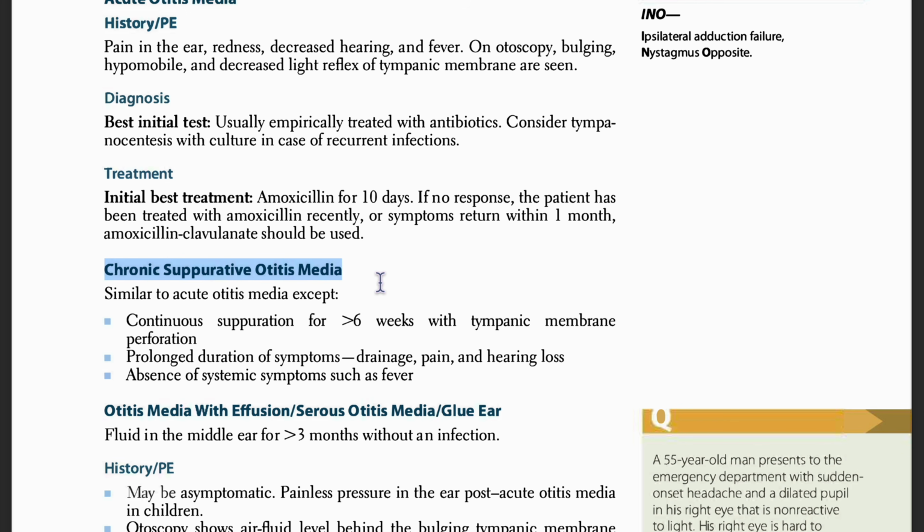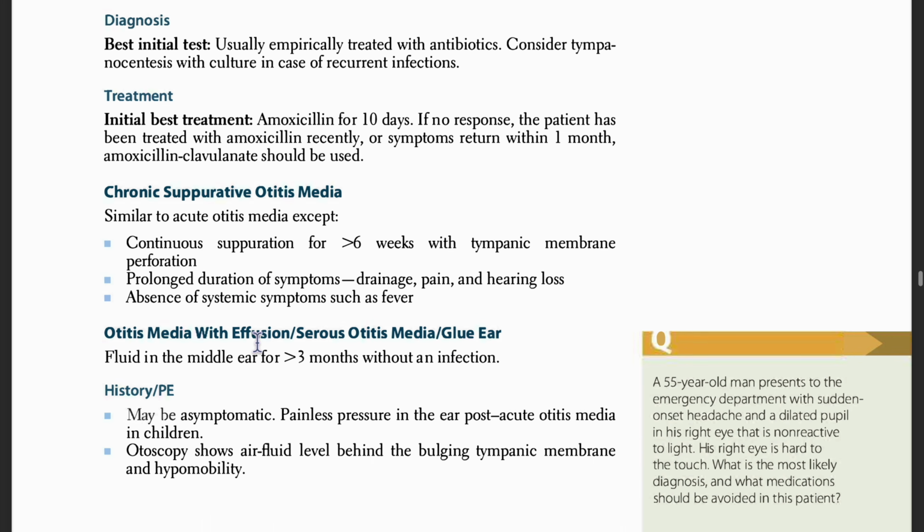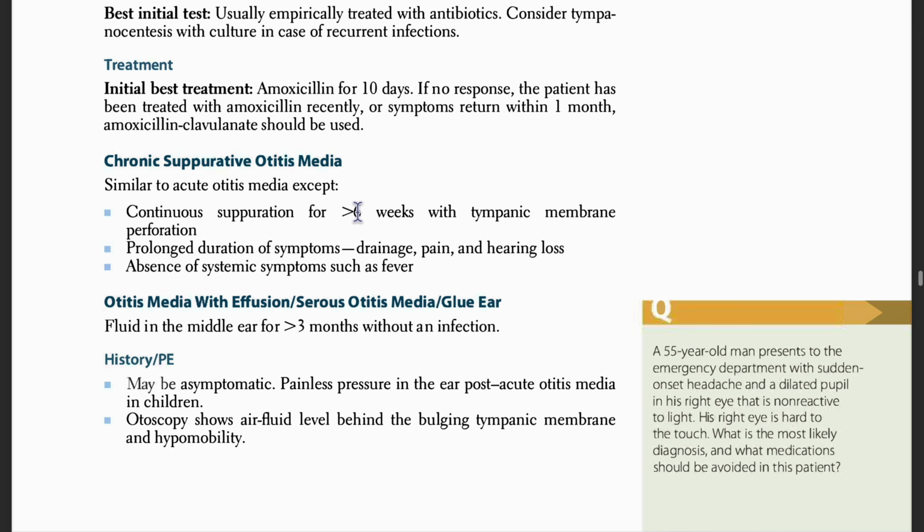Chronic suppurative otitis media, similar to acute otitis media, except continuous suppuration for more than 6 weeks with tympanic membrane perforation, prolonged duration of symptoms, drainage, pain, and hearing loss, absence of systemic symptoms such as fever.